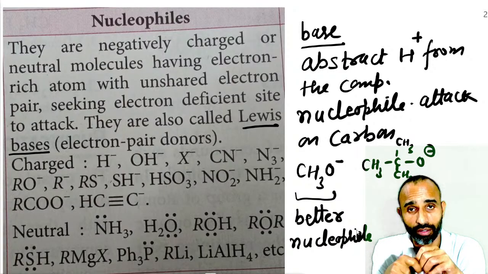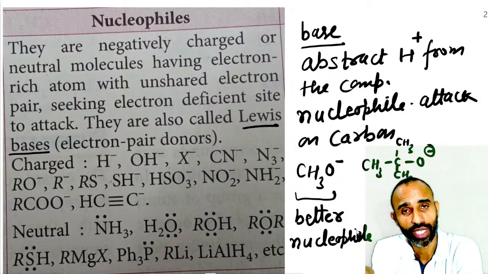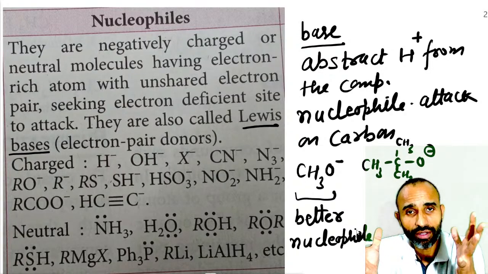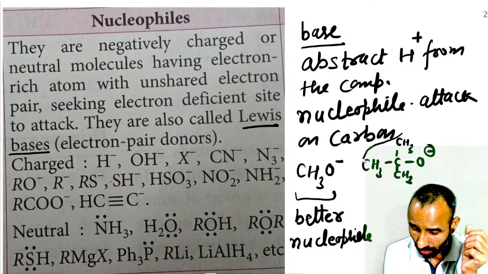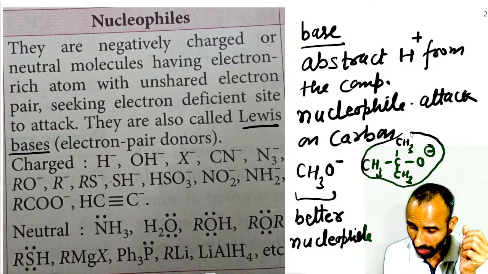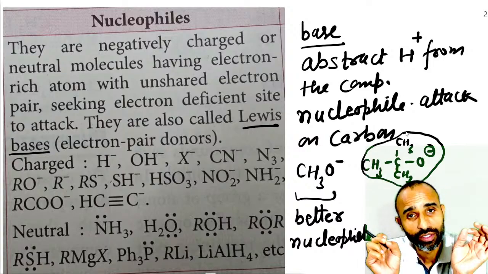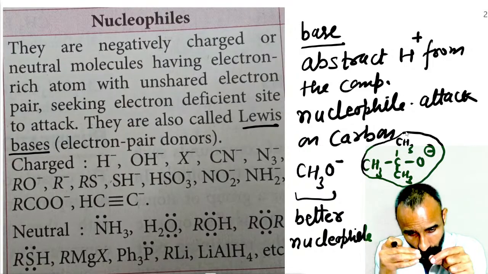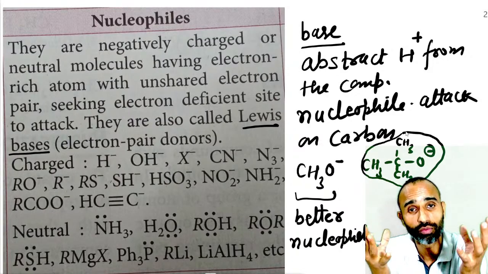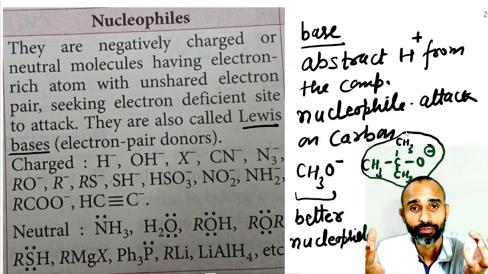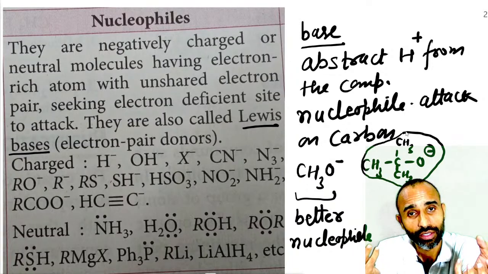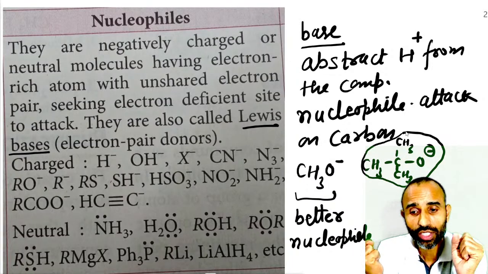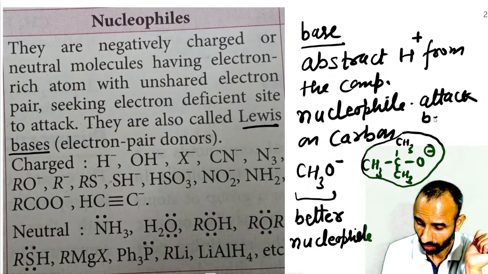But the tertiary butoxide ion is a bigger ion. That's why it will not attack at the carbon, because carbon is tetrahedral, attached to 4 groups which may be bulky. So that's why it is a better base.